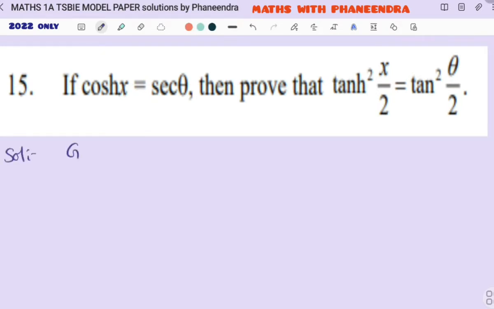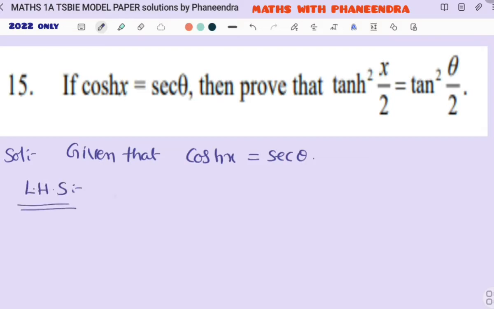So, here given that cos hx is equal to secant theta. They are asking to prove tan h square x by 2 is equal to tan square theta by 2. So, LHS you have to consider. What is LHS?